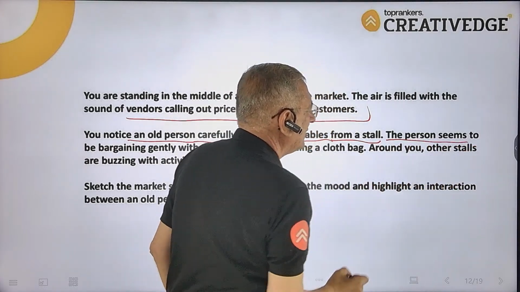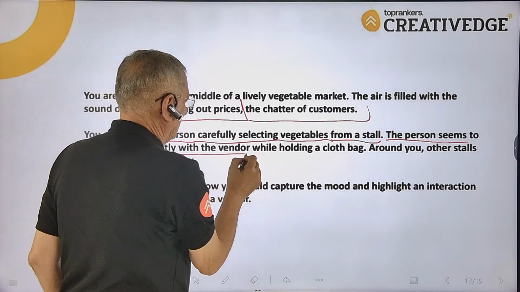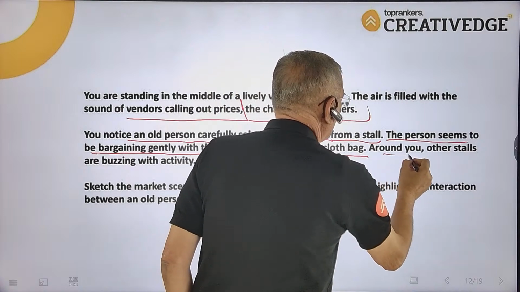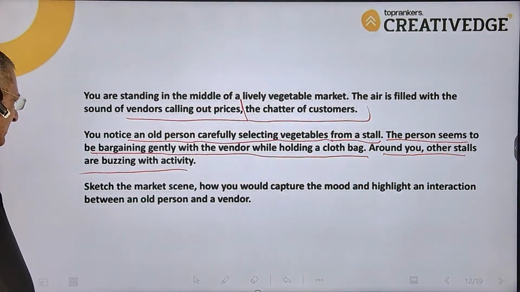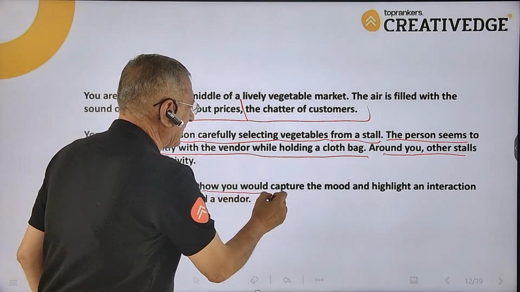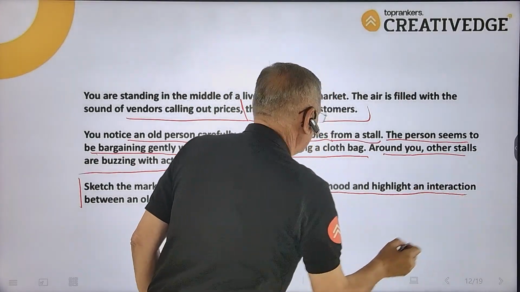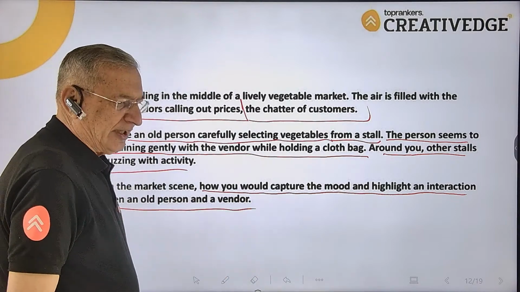The person seems to be bargaining gently with the vendor while holding a cloth bag. Around you, other stalls are buzzing with activity. Sketch the market scene, how you would capture the mood and highlight an interaction between an old person and a vendor.